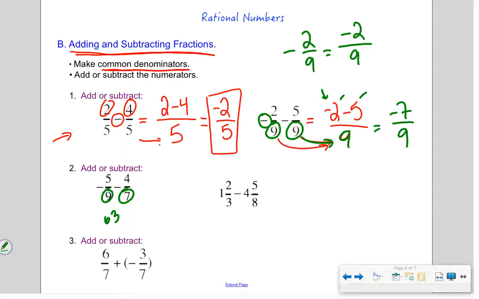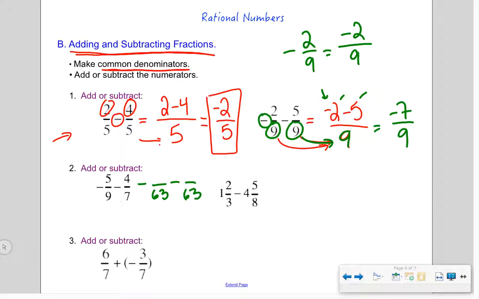Okay, so what I want to do is change these into something out of 63 and something out of 63. Be careful that all your negative signs and your subtraction signs come along like they're supposed to. Don't forget about them. So we have a negative in front, and we have a subtract here.